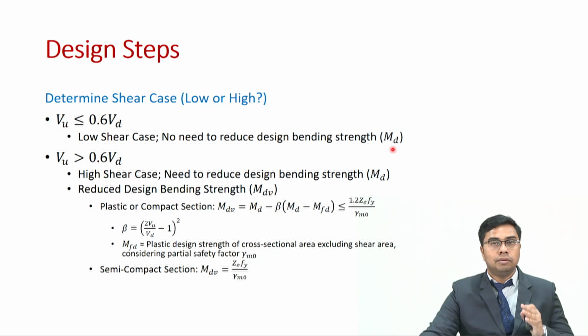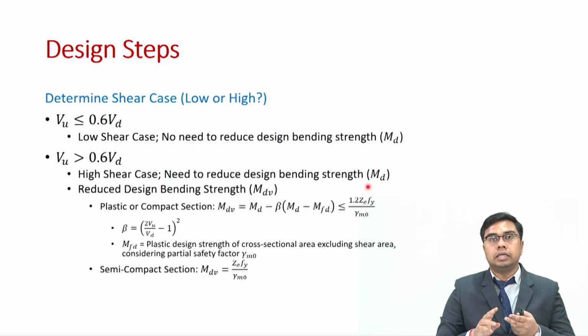So what we have determined, MD, stays the same. But if your factored shear force or the demand is more than 60% of your shear capacity or the design shear strength, then we define it to be the high shear case and we need to reduce the design bending strength.